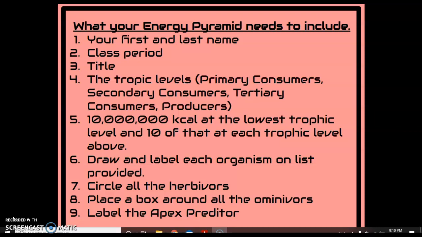Another way we could have done it is coloring them a certain color, but many of you may not have colored pencils available to you, so just put a box around the omnivores and a circle around the herbivores. And then lastly, we haven't talked about this a whole lot, but an apex predator is at the very top of an energy pyramid. Whatever that apex predator is, put a box around that.